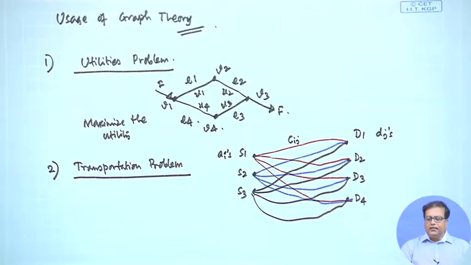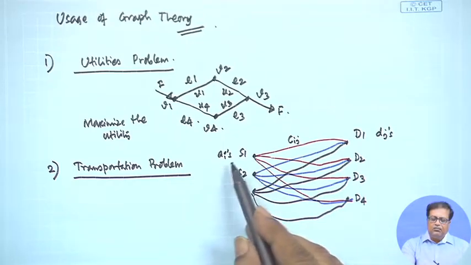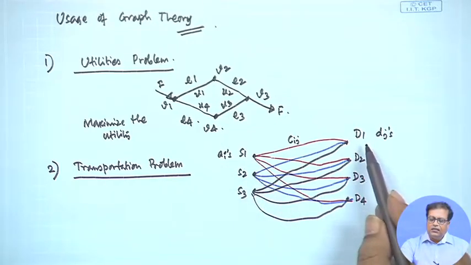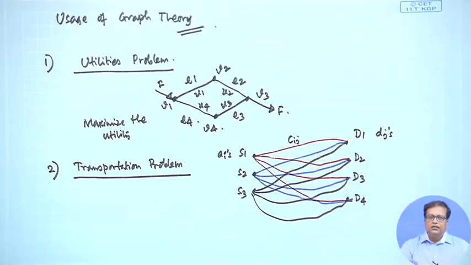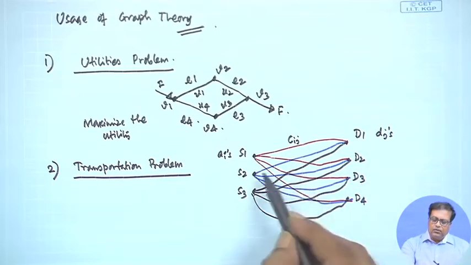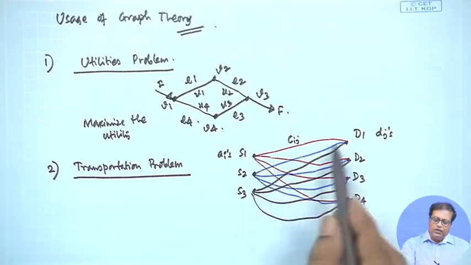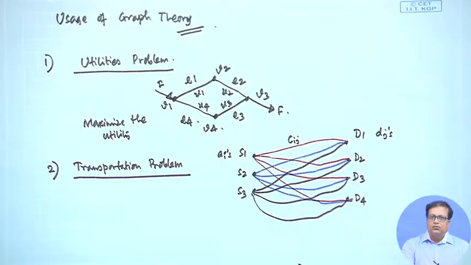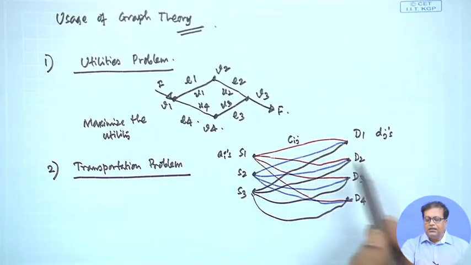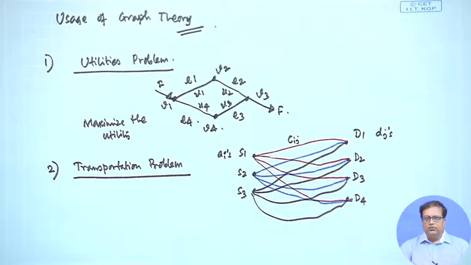So, Ais and Djs. Each source has certain available material and each destination has a demand. So, which paths are to be used to send this material, and how much material should be flown through that? That is the essential idea of a transportation problem.